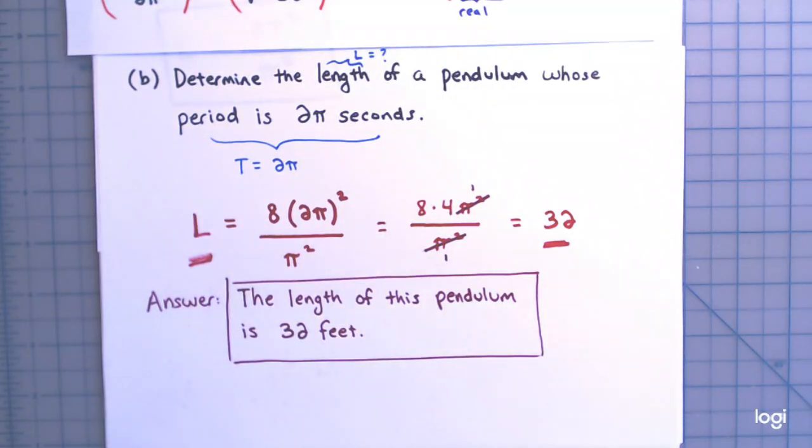Great. And that's all I got for this video today. Again, the big thing to take away from this are the steps involved, which, if you've been watching my videos, you may have noticed are the same steps involved in solving an equation that involves one radical.